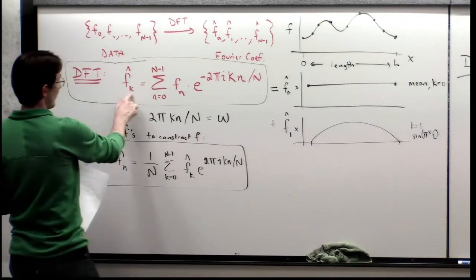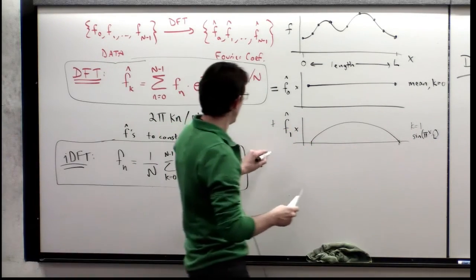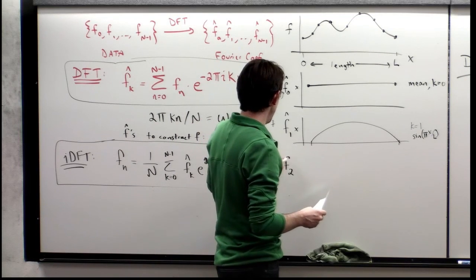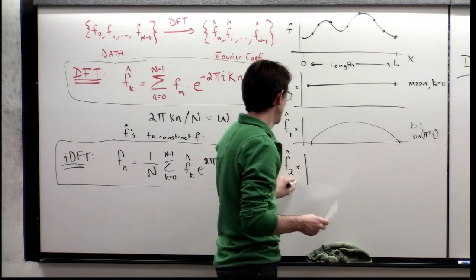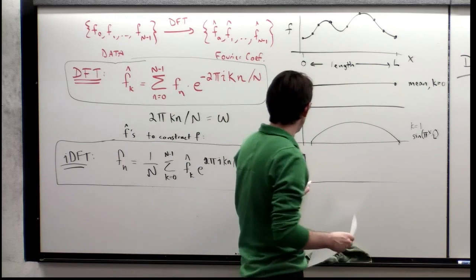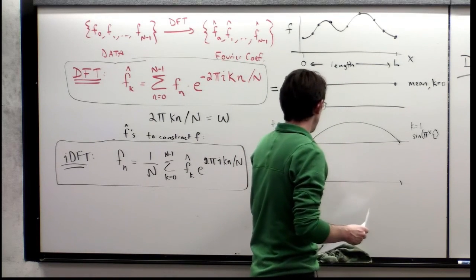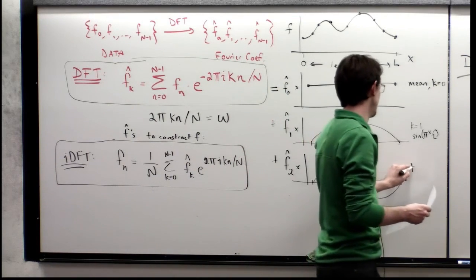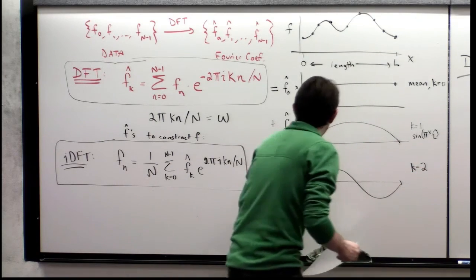This is the second coefficient when k is 1, plus f2 hat times the next higher frequency sine wave, which looks like this, right? This is k equals 2, and so on and so forth.